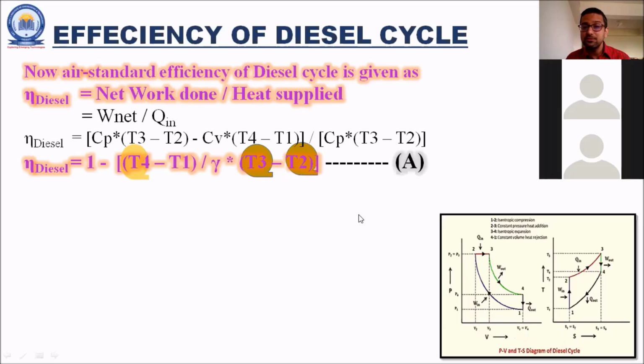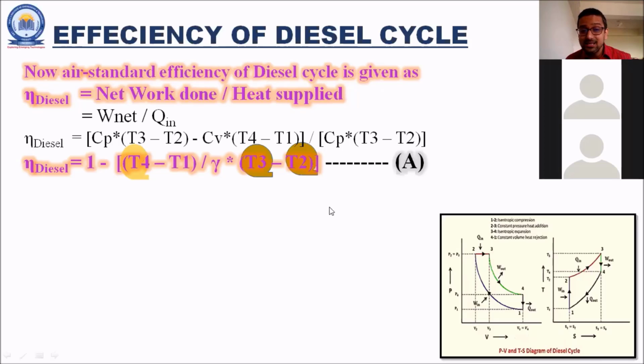Okay, so let us proceed further. Now friends, remember the important step. Just mention this point in big writing in the notebook. Now we will be finding the value of T2, the value of T3 and the value of T4 in terms of T1.